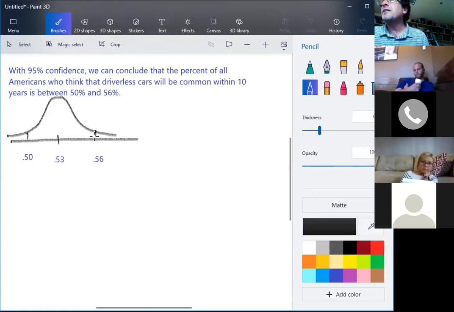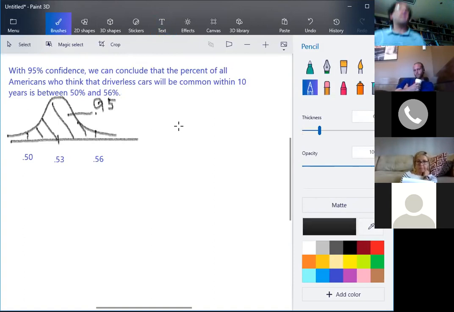That's here to here. That's 95%. So that's what's going on with the confidence interval.